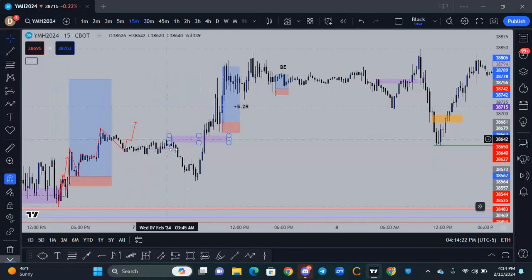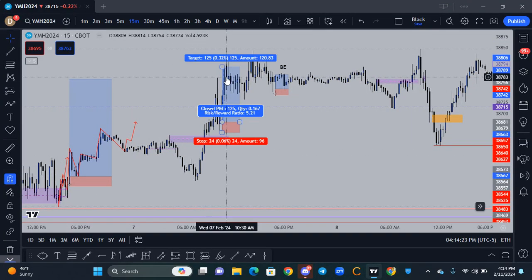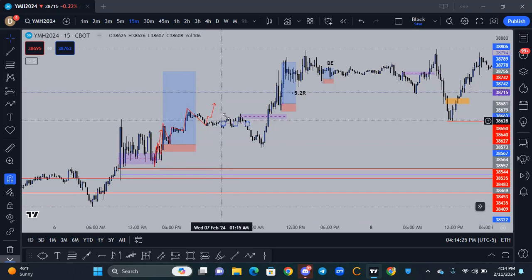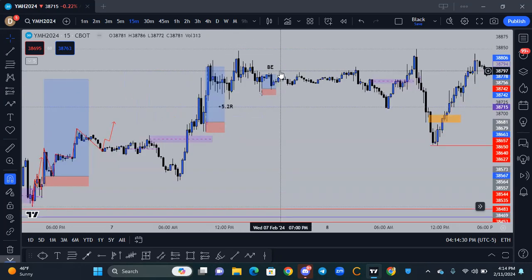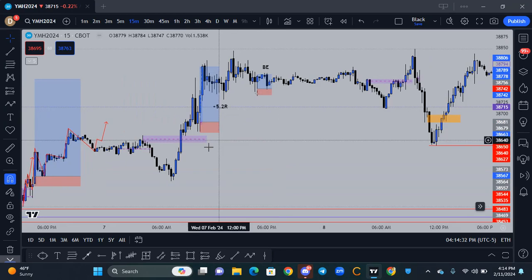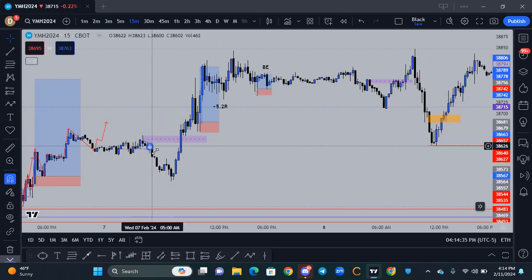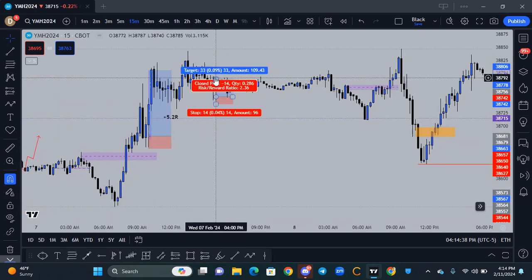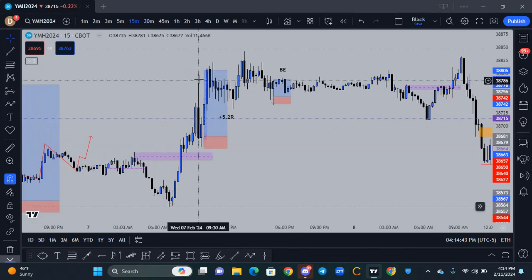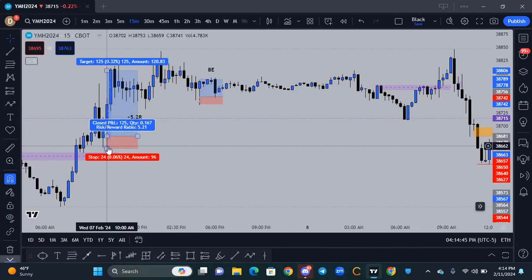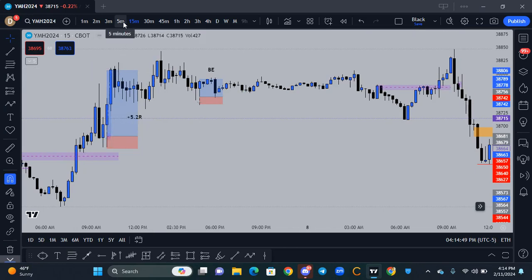And that was the manipulation layer, expansion. So consolidation, manipulation, expansion, or impulse, correction, impulse. So when we had this first impulse right there, got a correction, then you want to catch the next impulse. Is that so hard?